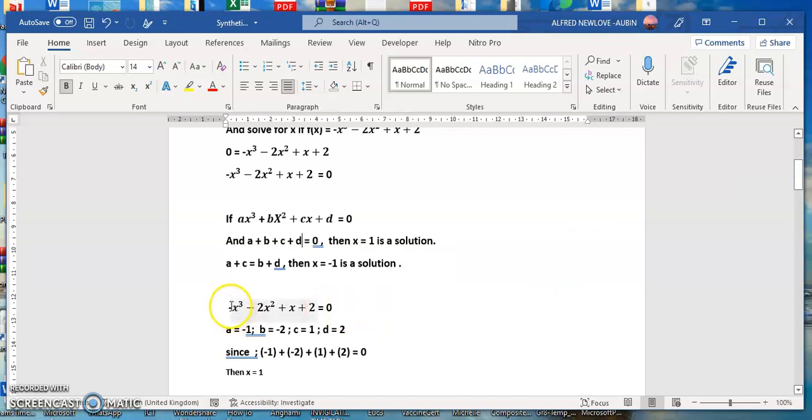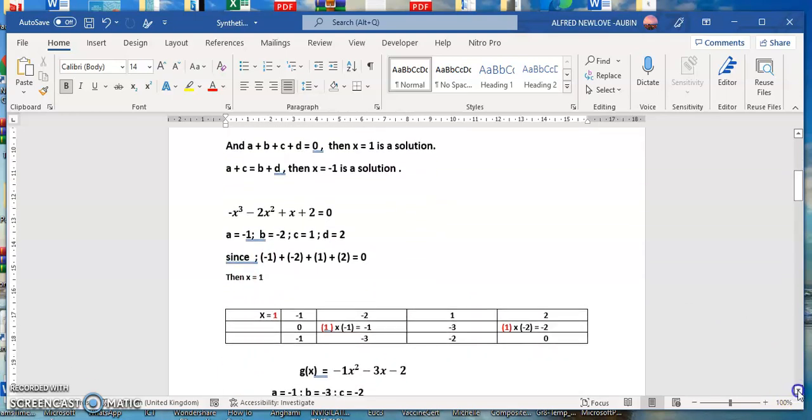Here, if you check this equation, a is equal to minus 1, b is equal to minus 2, c is equal to 1, and d is equal to 2. So let's add all of them. a plus b plus c plus d is equal to 0, so x is equal to 1.